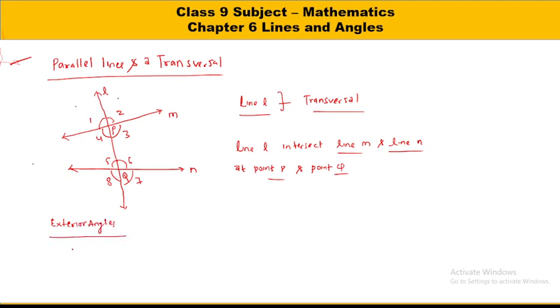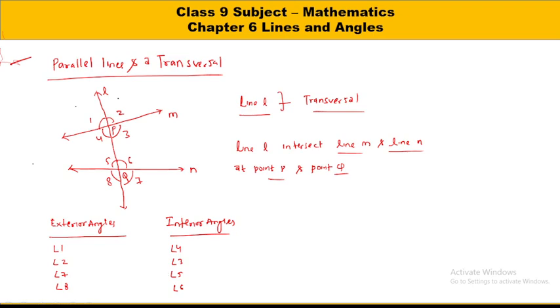Exterior angles means the angles which are in outside situation. Here it is angle 1, angle 2, angle 7 and angle 8. These are all exterior angles. Here it also forms interior angles. Interior angles are angle 4, angle 3, angle 5 and angle 6. These are all interior angles.